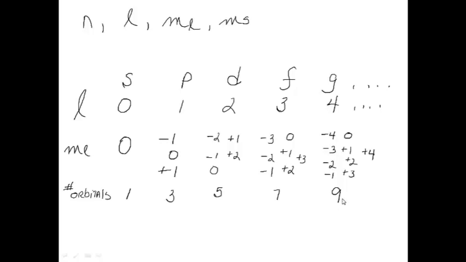And that's 9 orbitals total in the L being equal to 4. Maximum number of electrons in each one of these. Please remember from first year chemistry that you can put in a maximum of 2 electrons per orbital. So this is 2, 6, 10, 14, and 18.